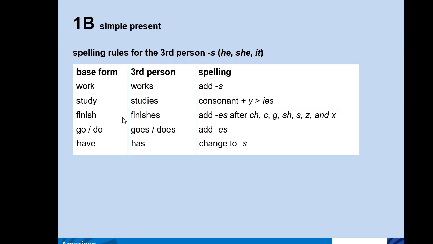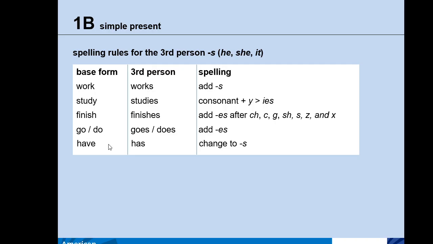For those verbs ending with CH, C, D, SH, S, and Z, and also with X, we have to add ES in the third person. Okay? For all these endings that we have here, like in the example with the verb finish, with finishes with SH, we have to add ES in the third person.